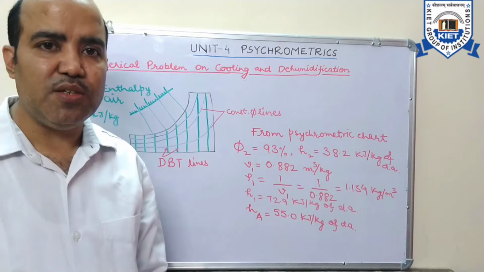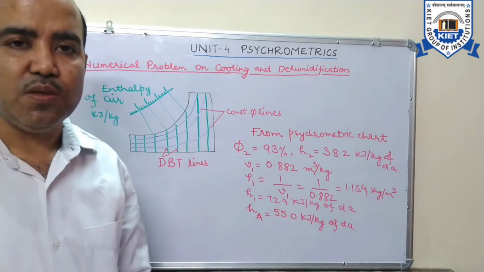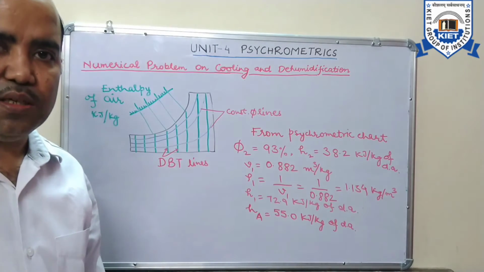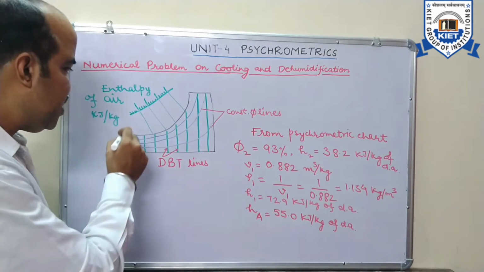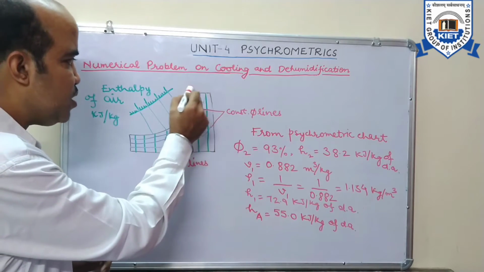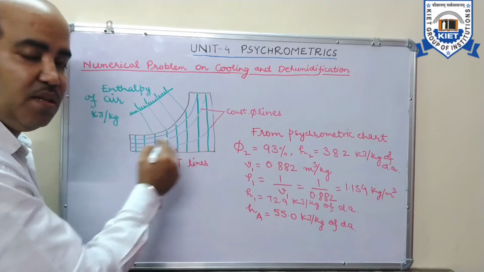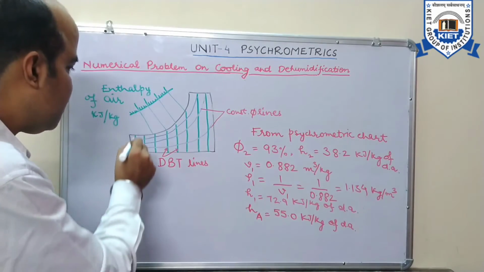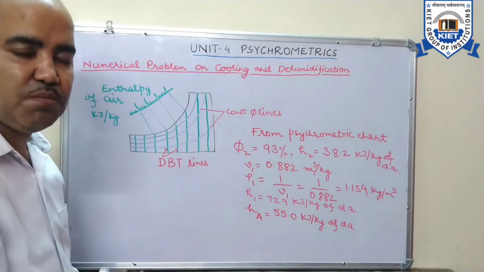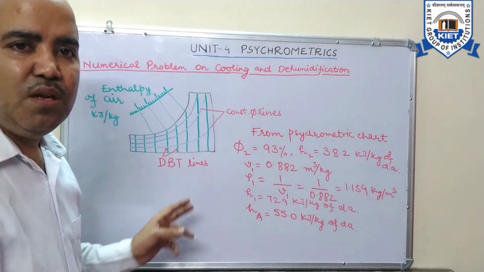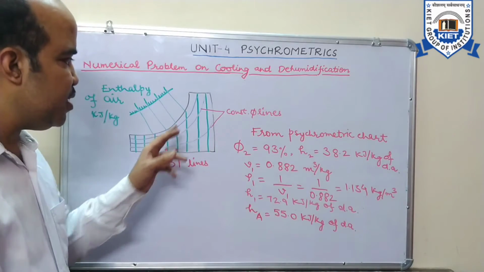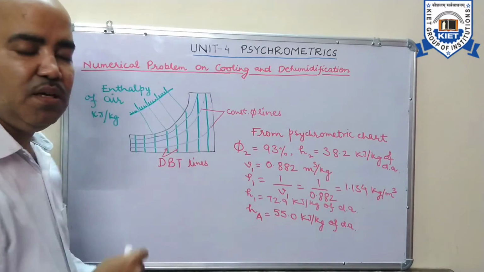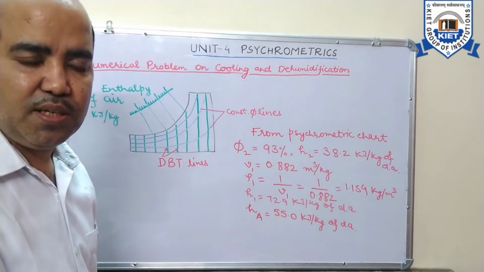For that, you have to locate the points on the psychrometric chart. If you see the psychrometric chart, you will notice an outer boundary drawn in black. The constant dry bulb temperature lines are the vertical parallel lines, shown in green over here. The constant relative humidity lines are shown by the blue curves.